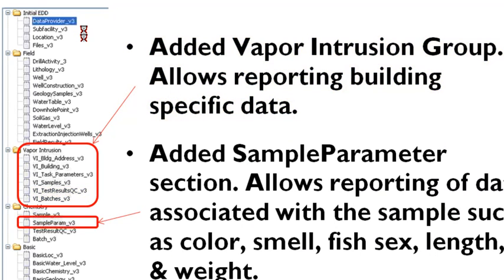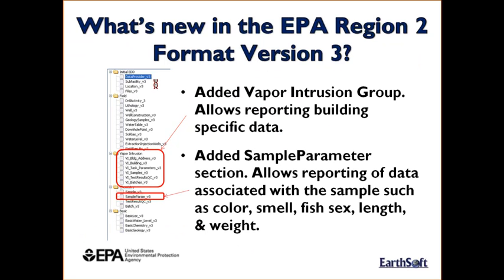The reason that we put these sections in two places was for ease of use. We want to make sure that if you are submitting vapor intrusion data, you have all your data together in one group, instead of your samples in this section and your test results in another group.